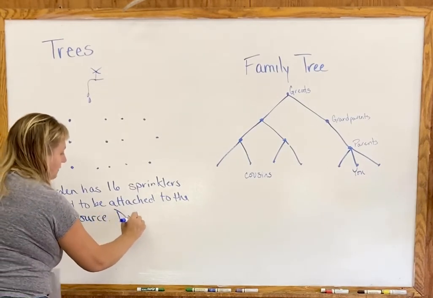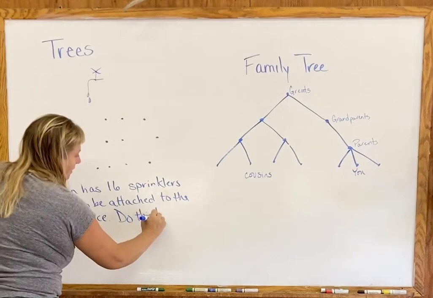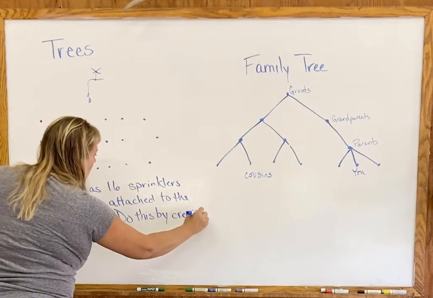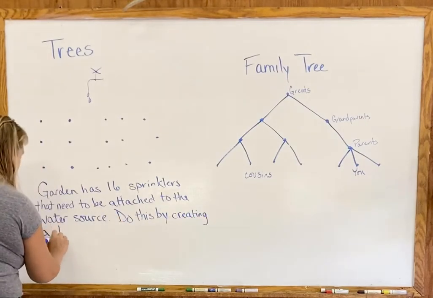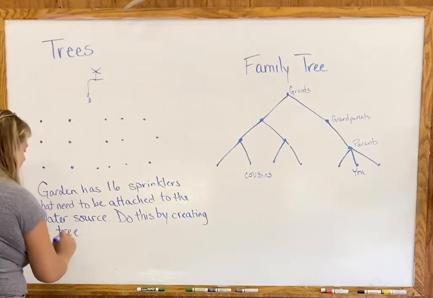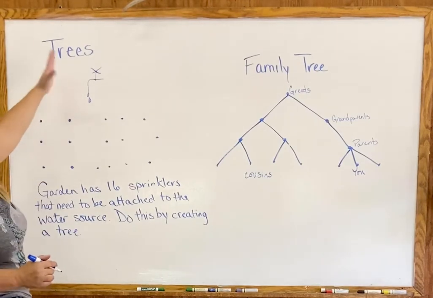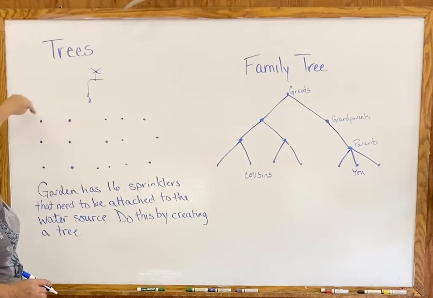Do this by creating a tree. All right, so the water source is here, that's like the main water out of the road, and you need to hook up all 16 of your sprinklers.